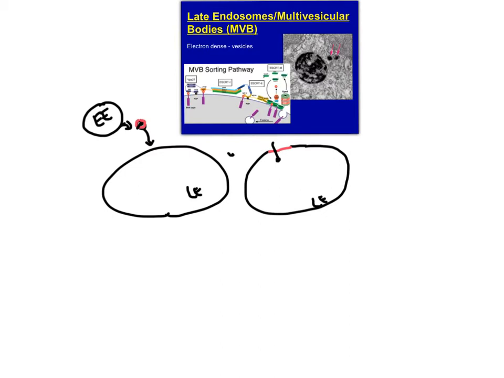So if I draw this again for you, what it might look like is that you have this invagination of membrane into, all right, so which side is which? That's what you need to think about here. So in this case, it would look like this.